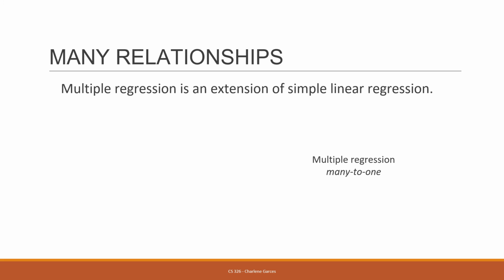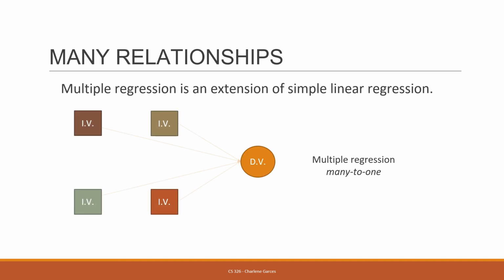When we say multiple regression, the many IVs to one DV is actually here. So some of it is an extension of simple linear regression, because some IVs release an effect on the dependent variable independently.